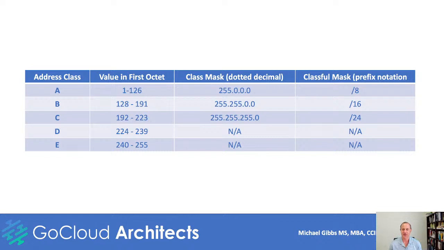Lots of addresses. You want to know how many addresses you have in one of these subnets? You're going to go 2 to the 24th power minus 2. And we're going to show you in the next slide when we get into some subnet stuff. We're going to have lots of fun with this stuff. But when we get into this subnet stuff, we're going to be calculating the actual addresses that are there. So you'll see that there's, basically speaking, 16 million addresses with a Class A.